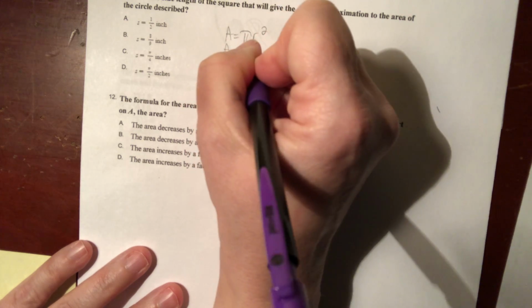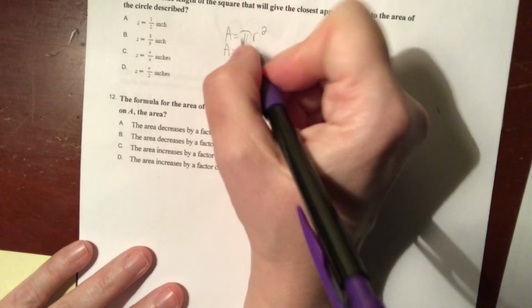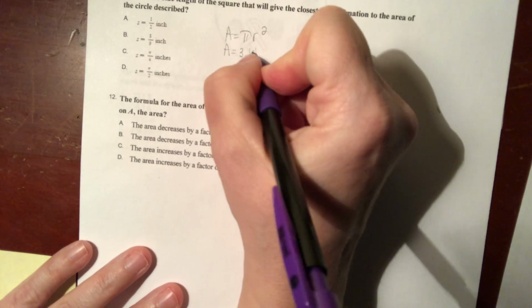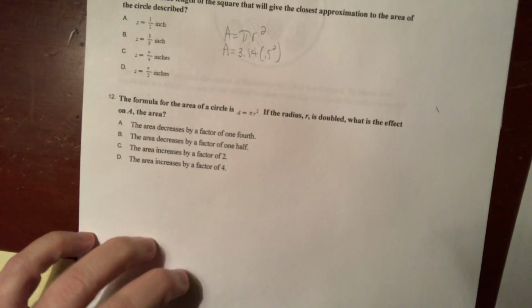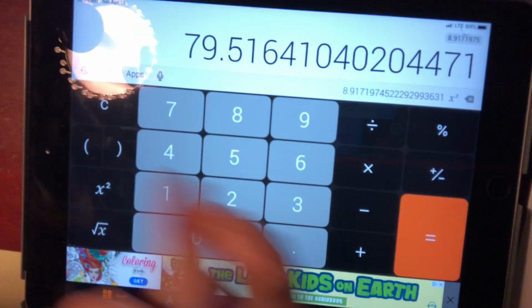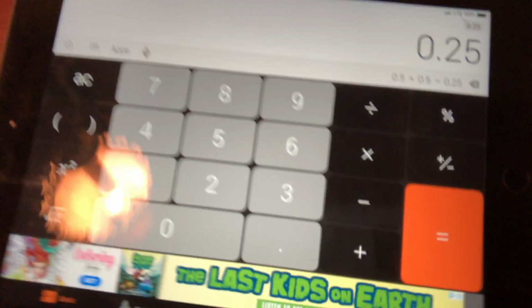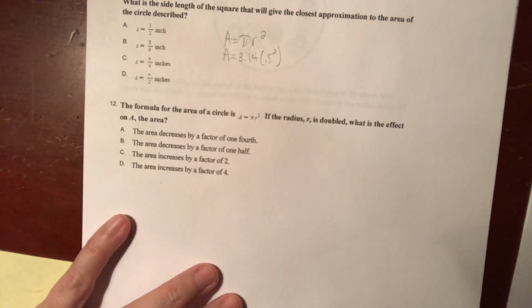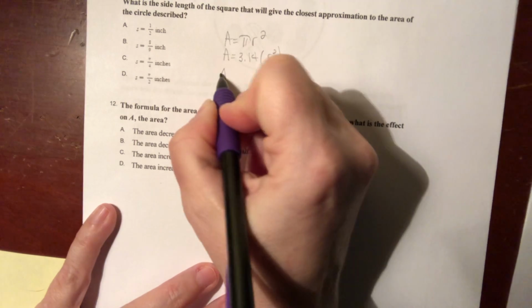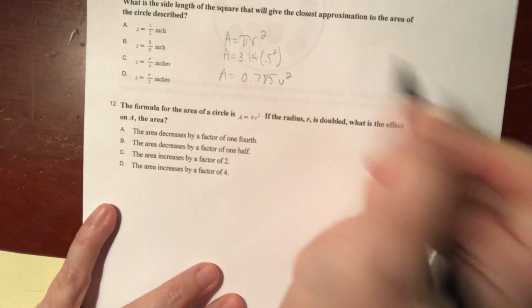So I need 0.5 squared. On my calculator, I'm going to do 0.5 times 0.5, which is 0.25, times pi, 3.14. So that's area equals 0.785 something.